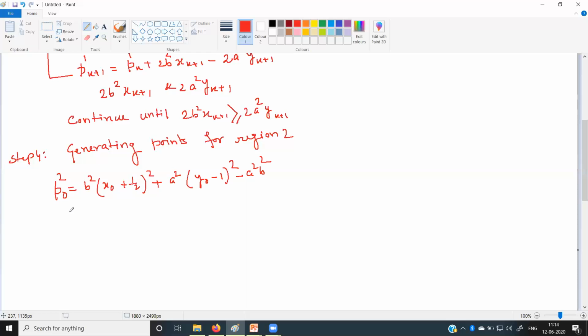So what is x0 y0? x0 y0 is the last point calculated in region 1.